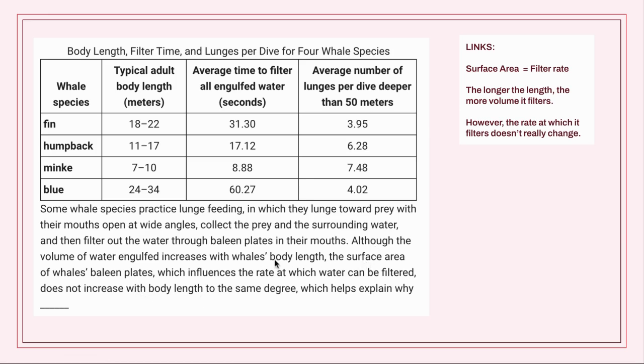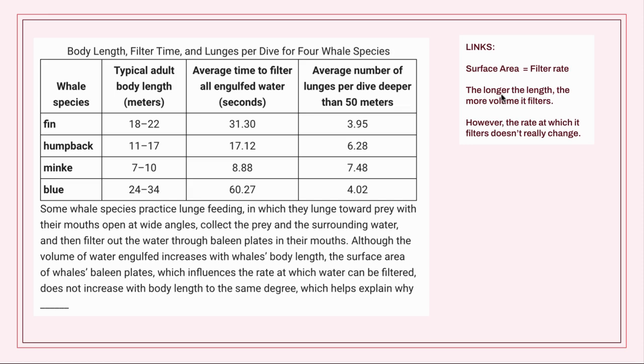And since surface area influences the rate at which water is filtered, we can set surface area equal to filter rate. So the longer the length, the more volume it filters. But since the surface area doesn't really change between whales, the rate at which it filters out the water doesn't really change.